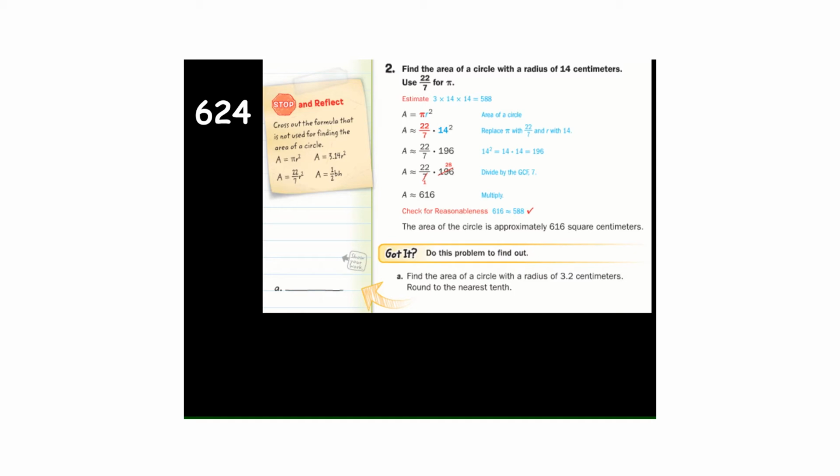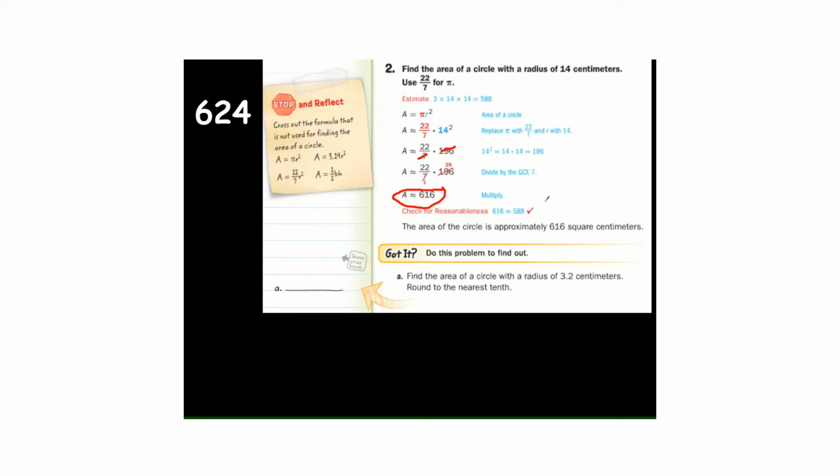So if the radius is 14, take 14 times 14, you get 196. 22/7 of 196. Cancel, cancel, just like they did down here. Okay, and you get 22 times 28. 22 times 28 is approximately 616.